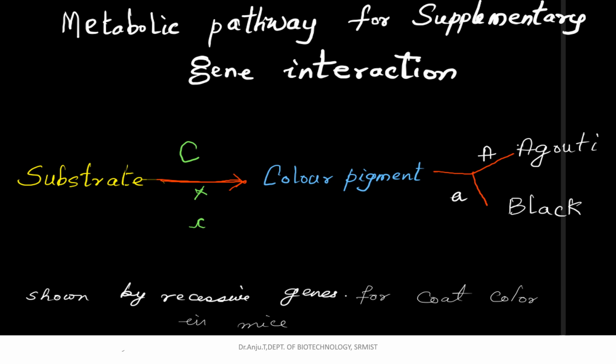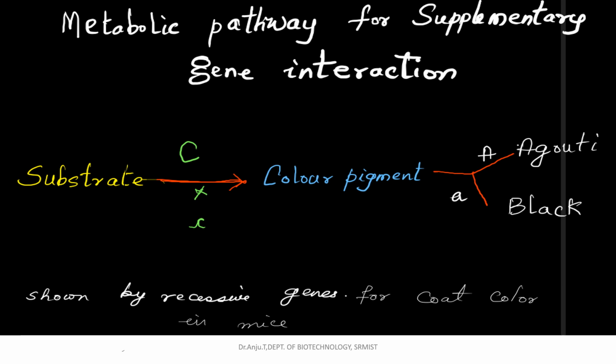The metabolic pathway for the supplementary gene interaction seen in the recessive epistasis is, we have a substrate which is converted into a colored pigment in the presence of a dominant allele of the C gene.